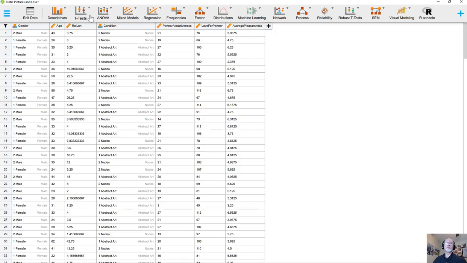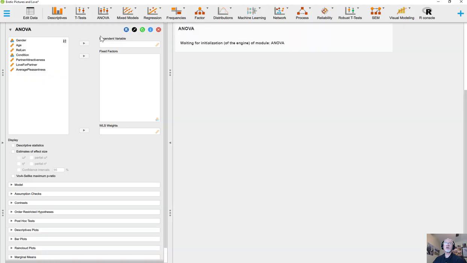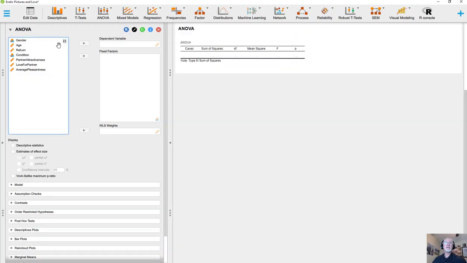We're going to go to analysis, then go to ANOVA, Classical ANOVA. And let's start off with our manipulation check. So our fixed factors are independent variables. We have 2 independent variables. We're going to use condition as factor A and gender as factor B. We're going to start off looking at the dependent variable of average pleasantness to see if the manipulation worked.